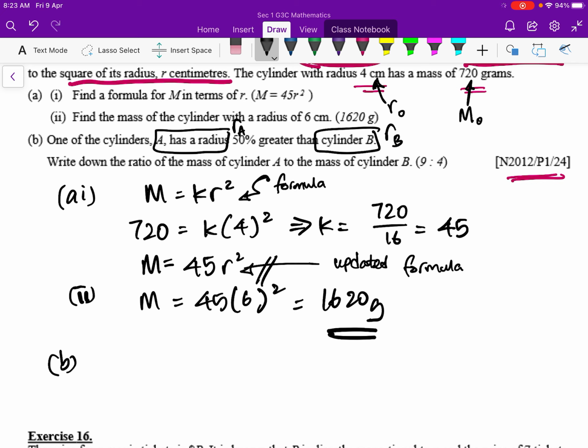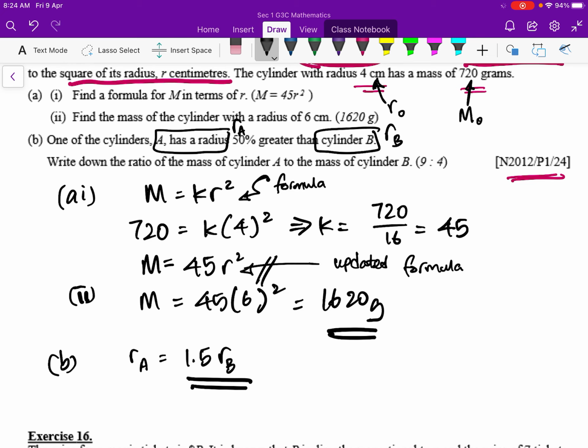However, we know there's a relationship between RA and RB. RA is 50% greater than RB. So you can either write A in terms of B or B in terms of A. Based on the sentence, it is actually a bit easier to just say RA equals 1.5 RB, correct? 50% greater than the radius of B. So every time you're going to be using radius A, we just use 1.5 radius B. So that effectively removes one unknown already.